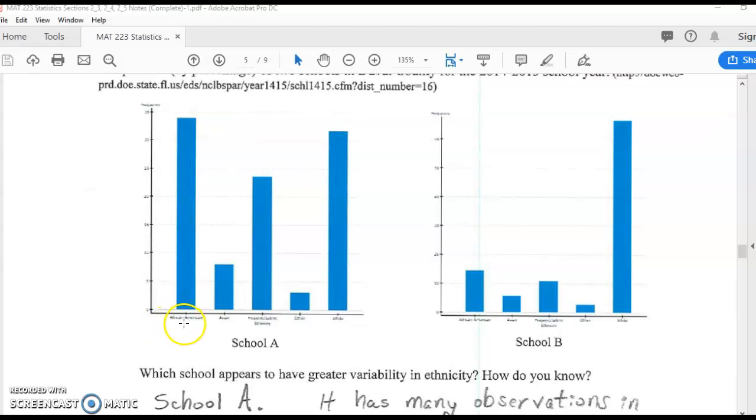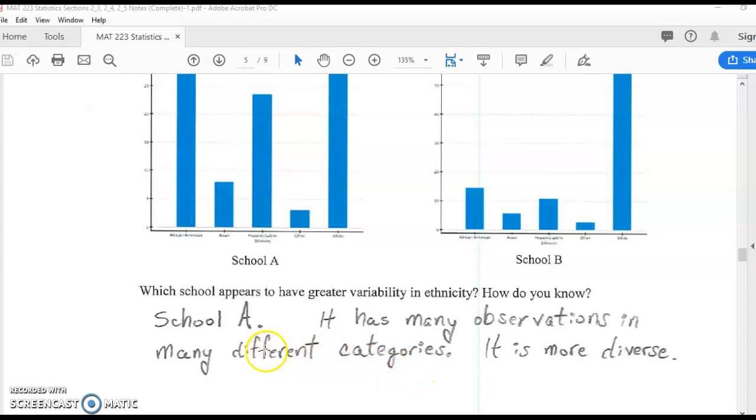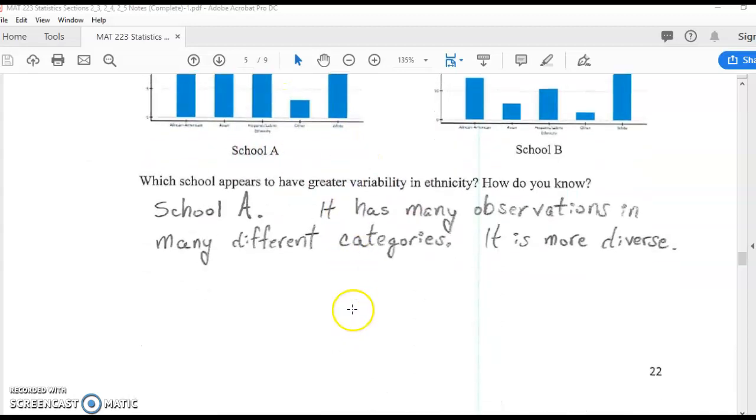This is African American, Asian, Latino, etc. Okay, so which school appears to have greater variability in ethnicity? Which one has more observations in more categories? That's what it's saying. So school A, right? You can see that there's more observations in different categories, whereas school B is predominantly white, right? Not as much diversity. So this has more variability. It is more diverse.